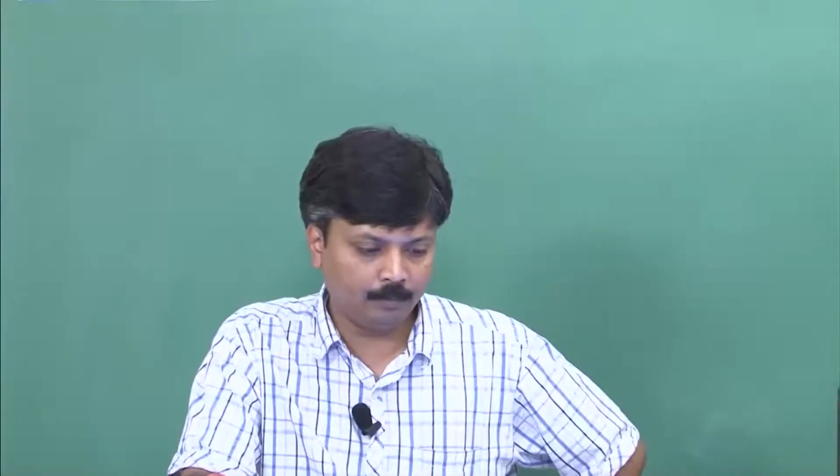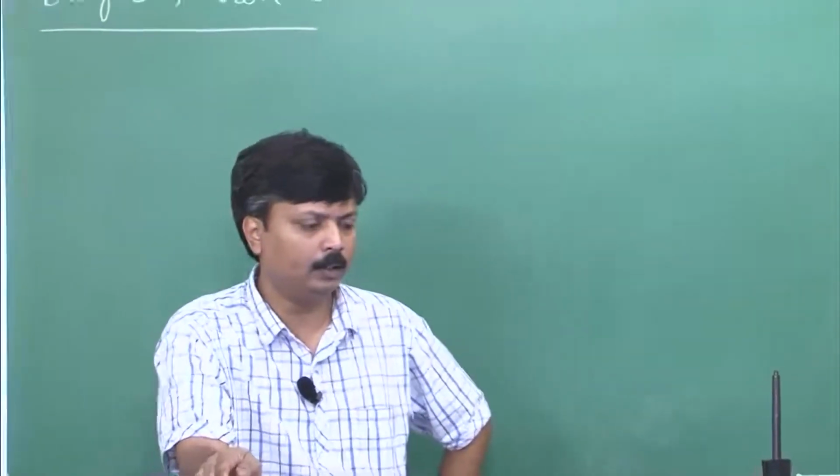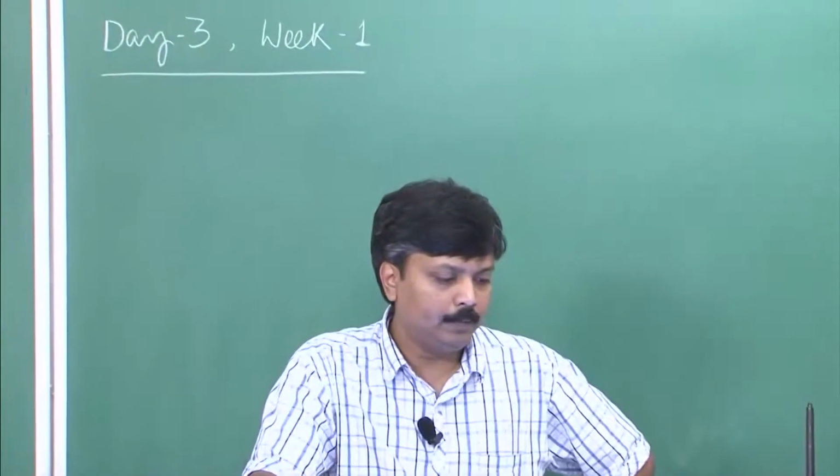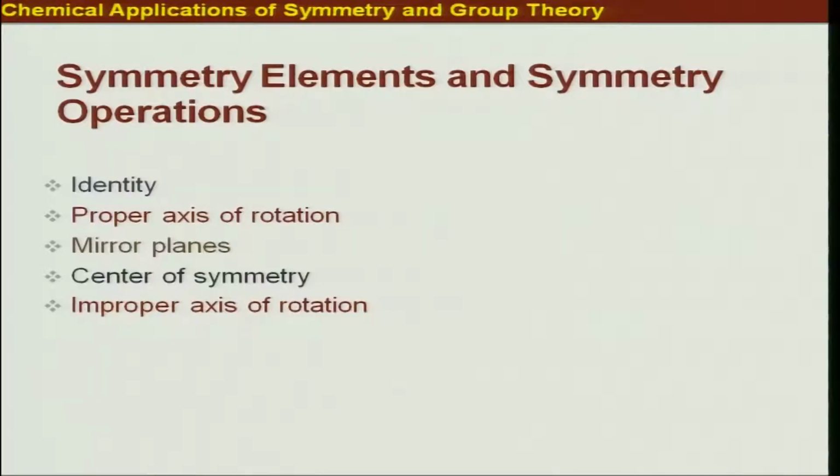These points, planes or axes are known as symmetry elements. On the screen you can see we have outlined all the symmetry elements that are possible for any given object.